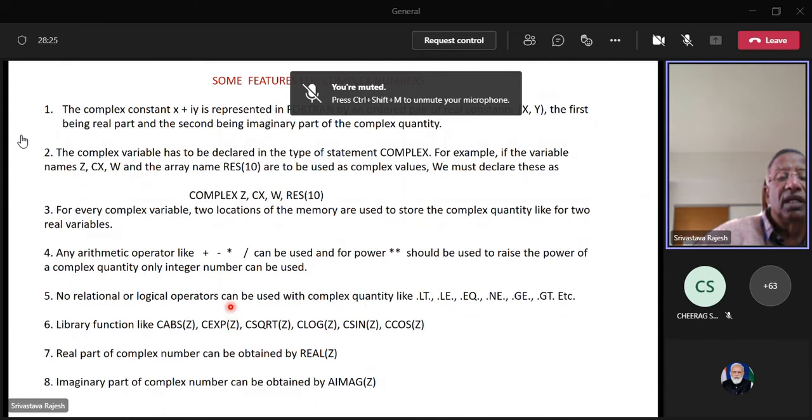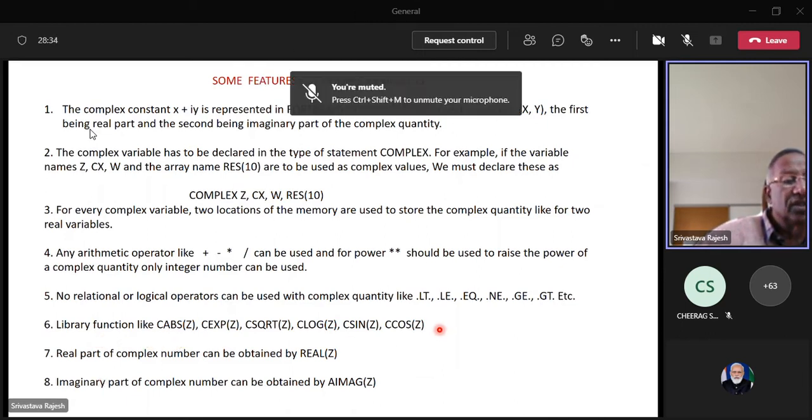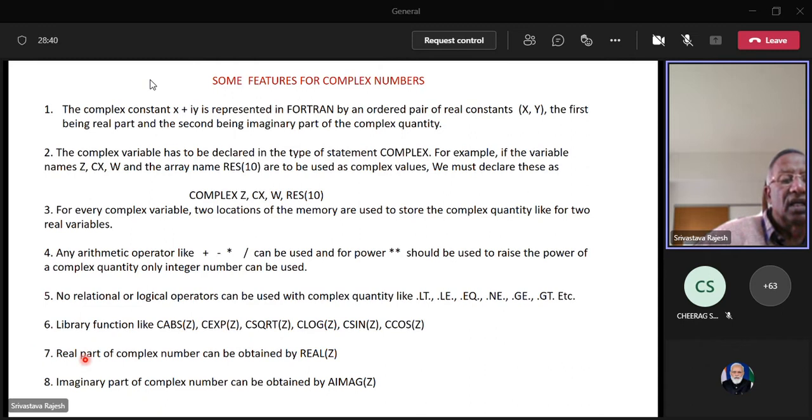Although you can make a first real quantity and then use it. A library function or built-in function has to be used with C in the beginning. So I will show you how you can use it. The real part of a complex number can be obtained.